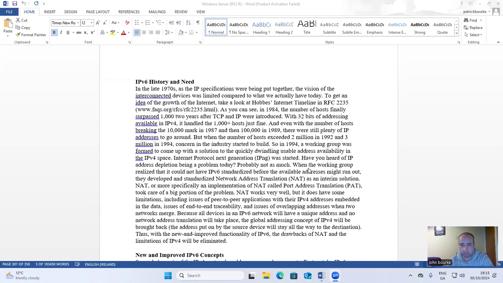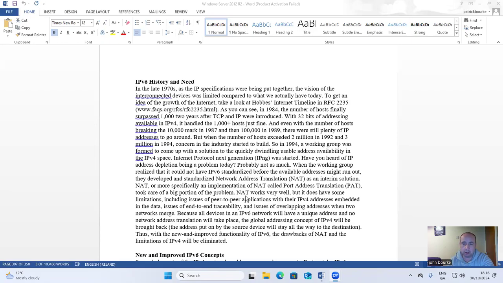Probably not as much. When the working group realized that it could not have IPv6 standardized before the available addresses might run out, they developed a standardized network address translation, NAT, as an interim solution. NAT, or more specifically, the implementation of NAT called Port Address Translation, PAT, took care of a big portion of the problem.